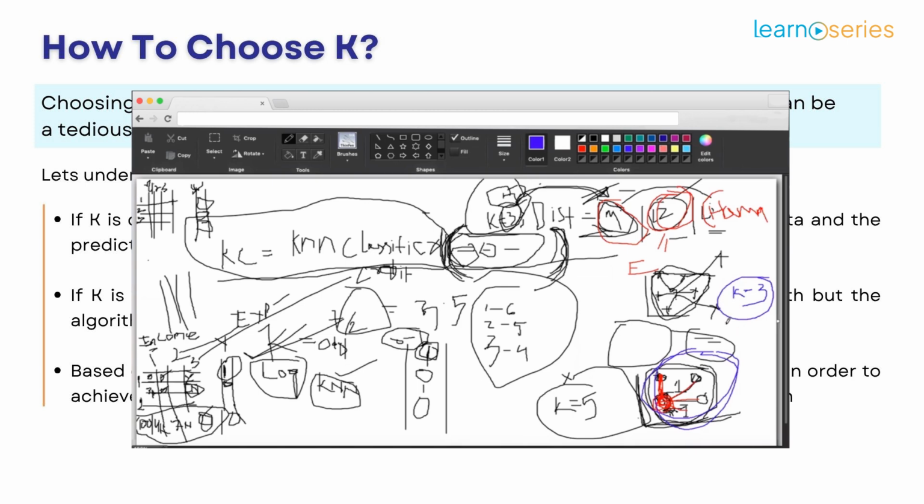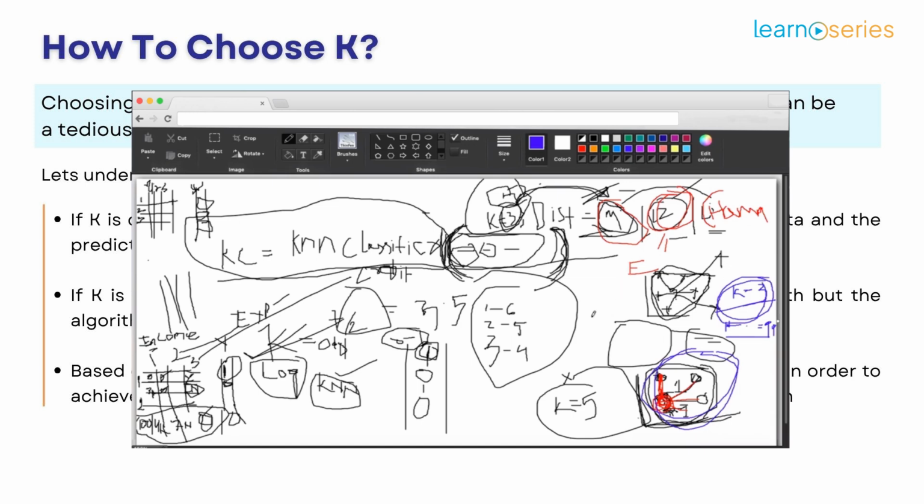But suppose you give k equal to 99. Every time, to identify 99 neighbors, it has to check 99 distances, right? The computation takes a lot of time if you give a large value of k. So the problem lies on both sides. When you give a small number, your model underfits.